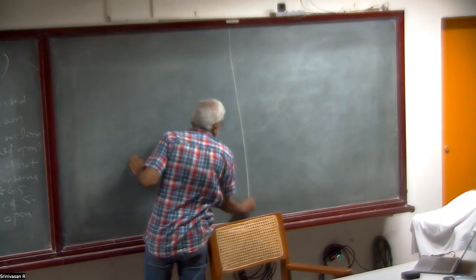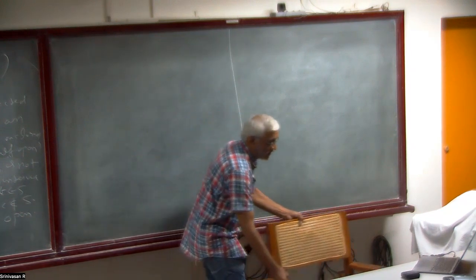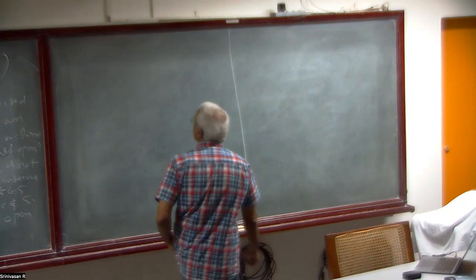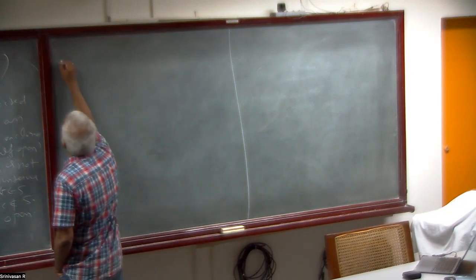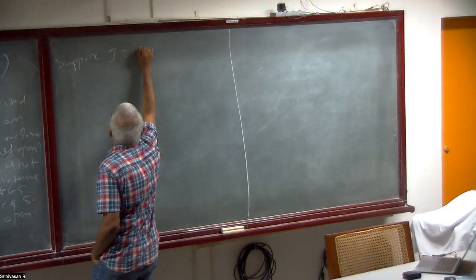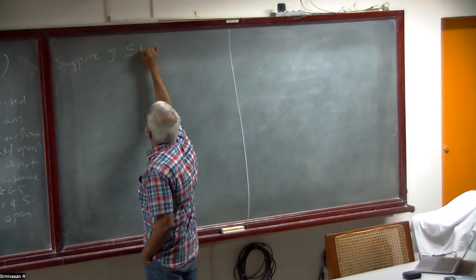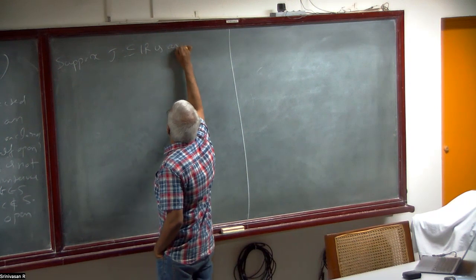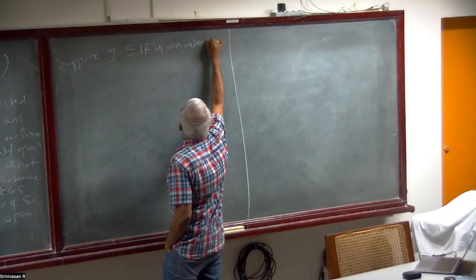So now we want to prove that any interval is connected. To prove the other way, suppose J contained in R is an interval. Then we want to prove it's connected.